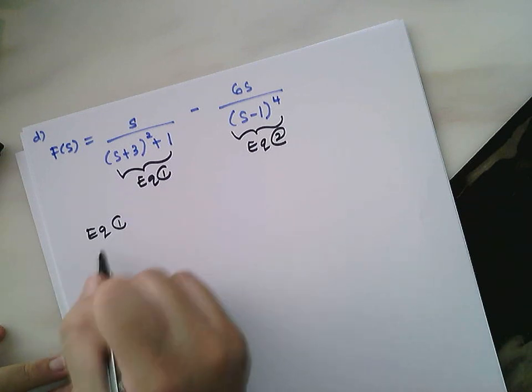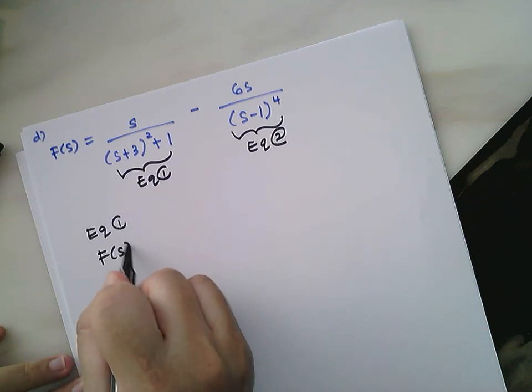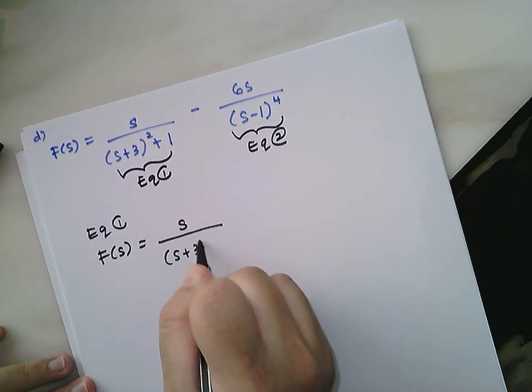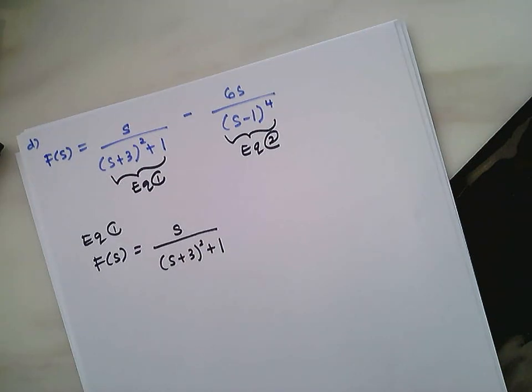So for your equation 1, your F(s) is equal to s over (s plus 3) squared plus 1.